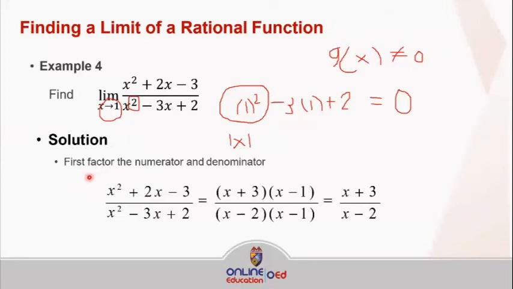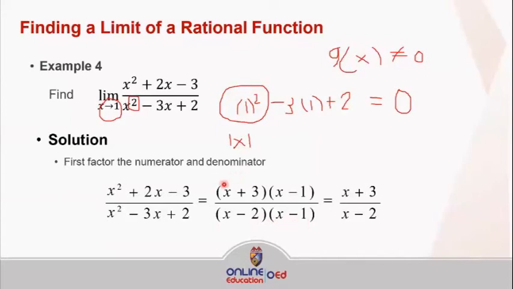Meron tayong i-factor out. Kung mapapansin ninyo dito, yung numerator natin, pwede natin siyang i-factor sa x plus 3 at x minus 1. Samantalang yung denominator natin, pwede natin siyang i-factor sa x minus 2 at x minus 1.